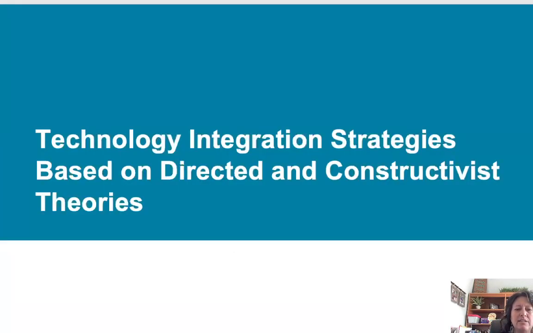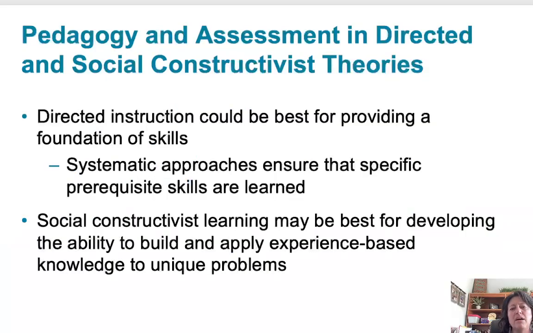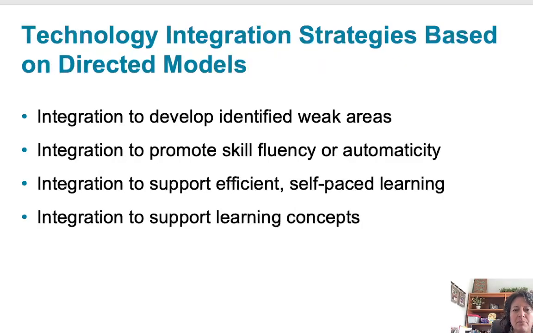So how do these directed and constructivist theories work? When you're using directed instruction, this is great when you're doing foundational skills, when you need a systematic approach to absolutely ensure that a prerequisite skill is learned. When you're using social constructivist learning, this is best for developing abilities and building and applying experience to unique problems.